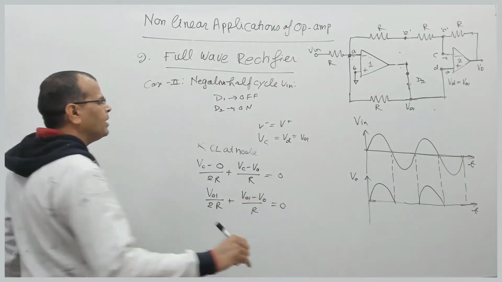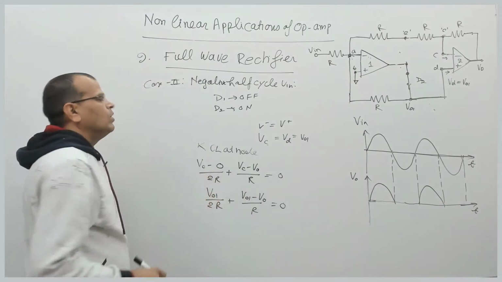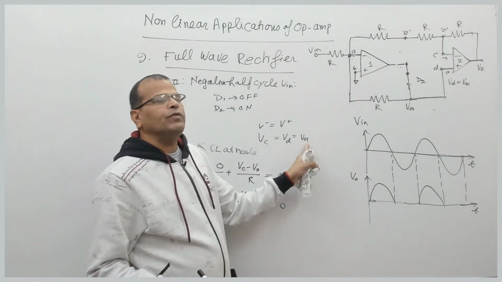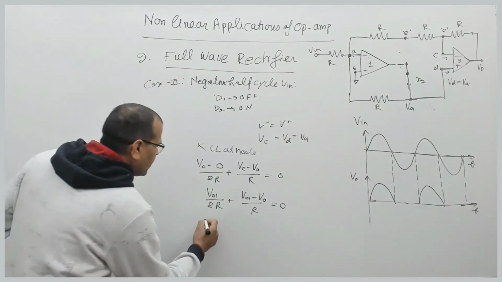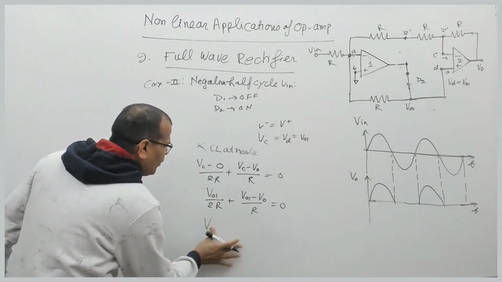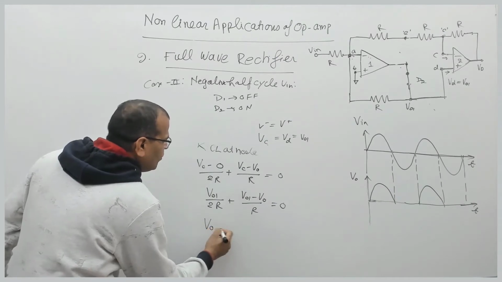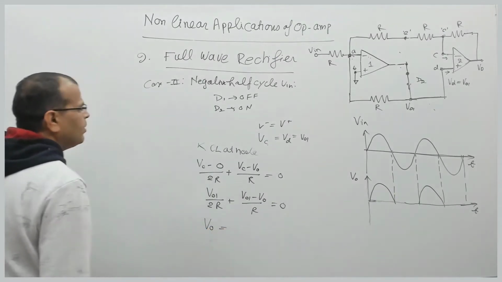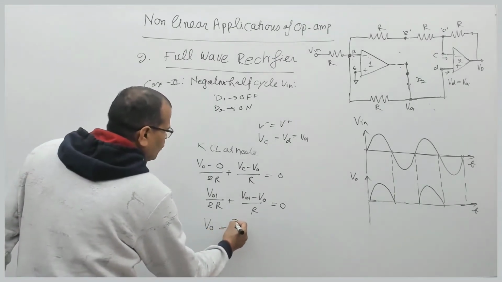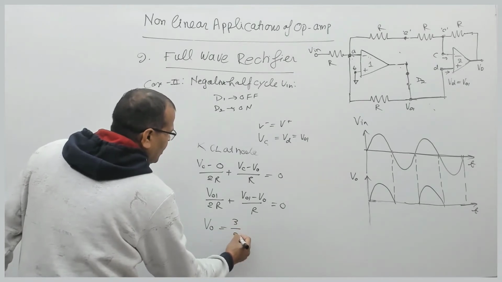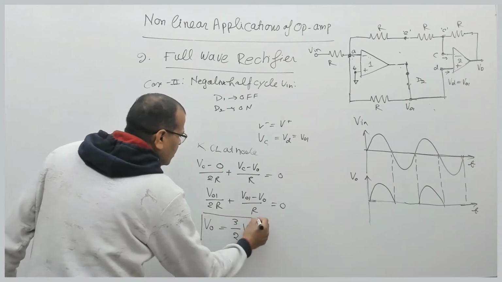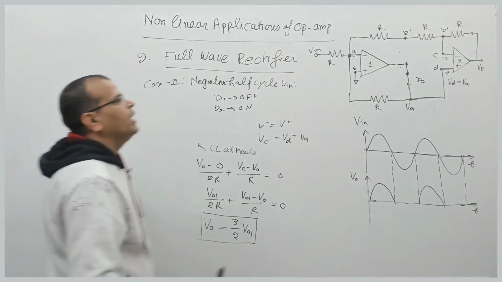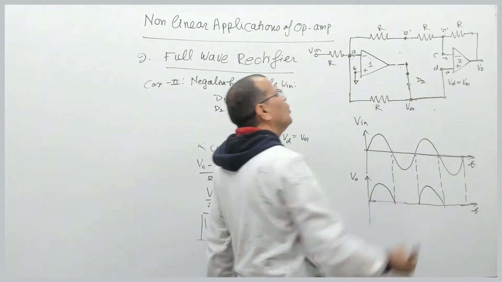I repeat, because VC is the same as V01, I have replaced VC by V01 here. So that gives V0 equal to 3 by 2 into V01. That is your output in terms of this voltage V01.